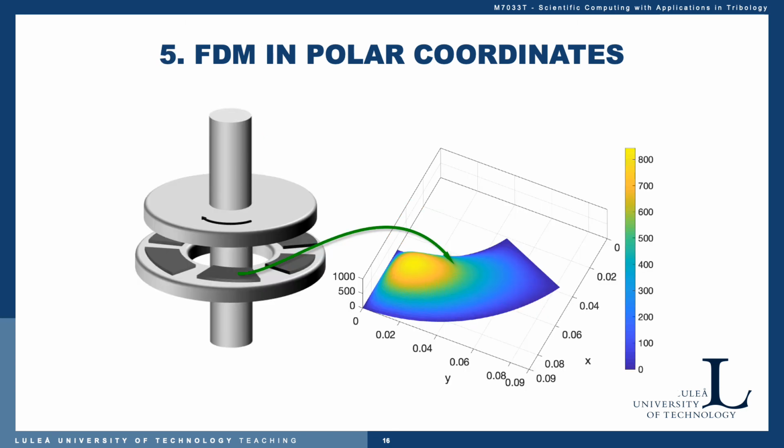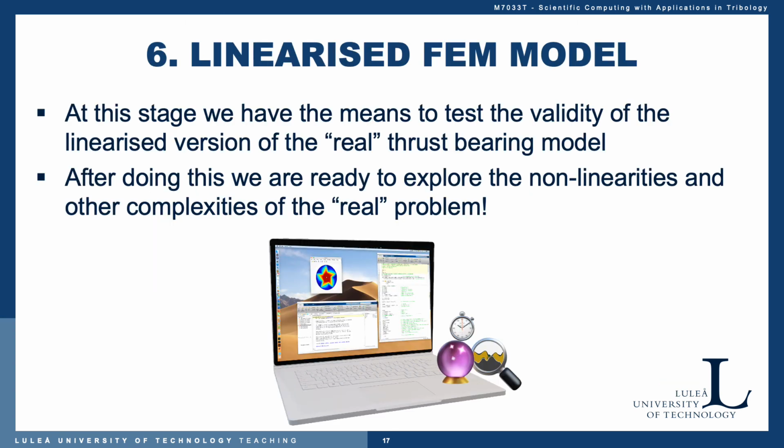So we have it. We now have the possibility of solving the flow in the thrust bearing by means of the finite difference method in polar coordinates, and this is an example solution of what it looks like. And because of this, we can now use commercial software, for example COMSOL Multiphysics, to solve the problem within a finite element type of discretization.